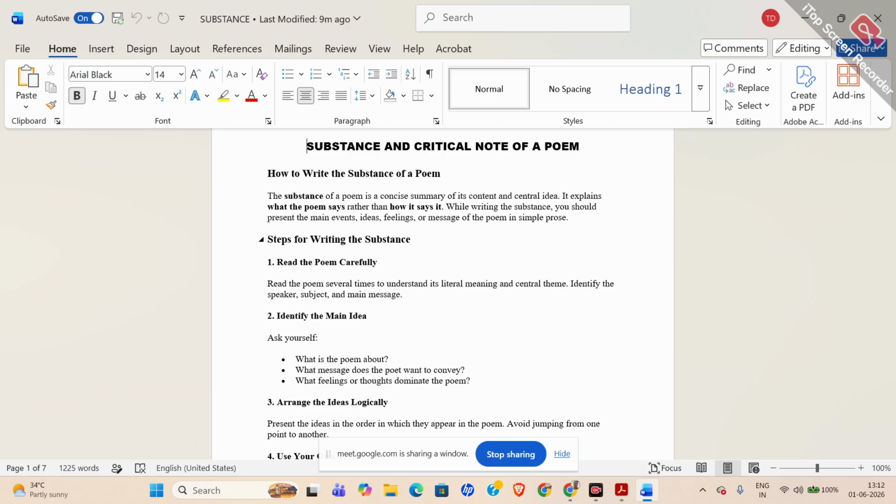You should read the poem. এগুলো আমি পরে ডিসকাস করছি। So the main events, what is happening in the poem, the ideas, the feelings, or what is the message that is being conveyed by the poet. Poet কি বলছেন, কি বার্তা দিচ্ছেন এই কবিতার মধ্যে দিয়ে? So that is what you have to write down. কবিতাটা হয়তো বড়, it might be a long poem, but you cannot go on incorporating everything.